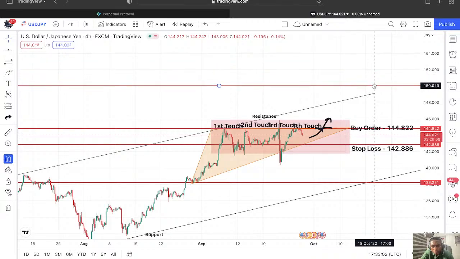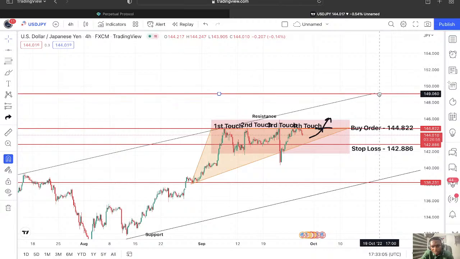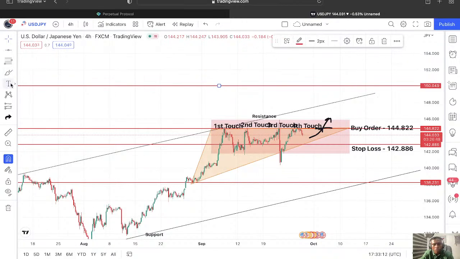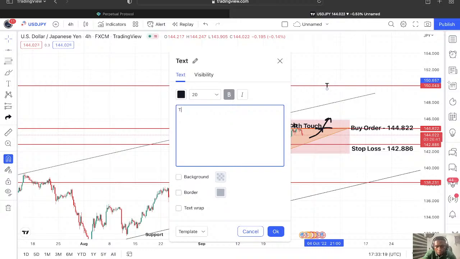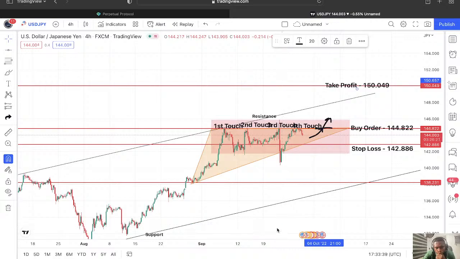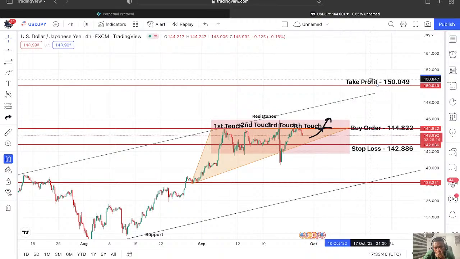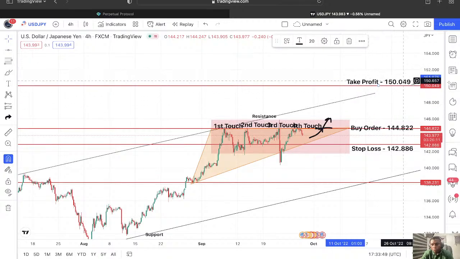My take profit can be here, whichever way around here. So I set my take profit at 150.